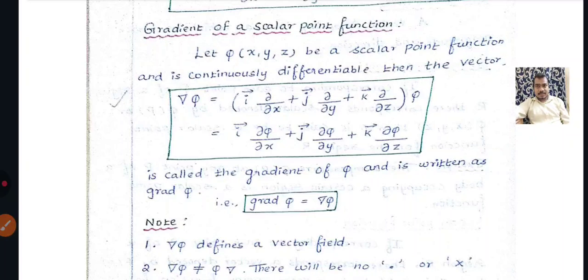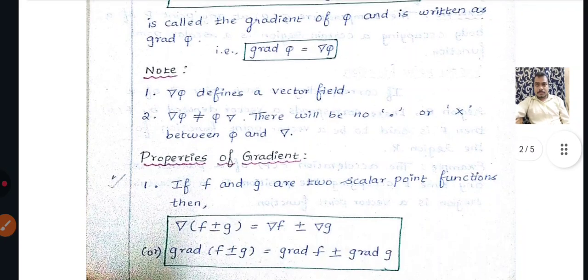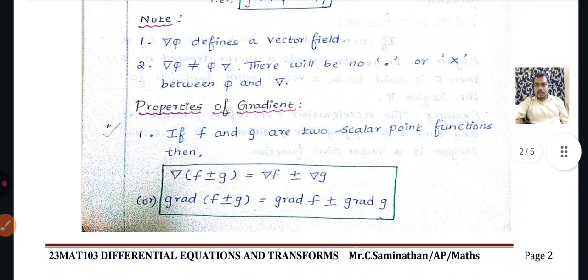It is written as grad pi, that is grad pi is equivalent to del pi. Del pi is defined as a vector field. Del pi is not equivalent to pi into del. These are two important notes.